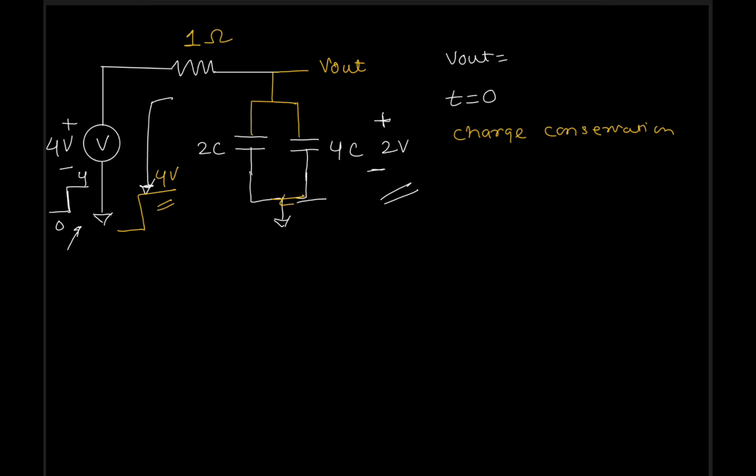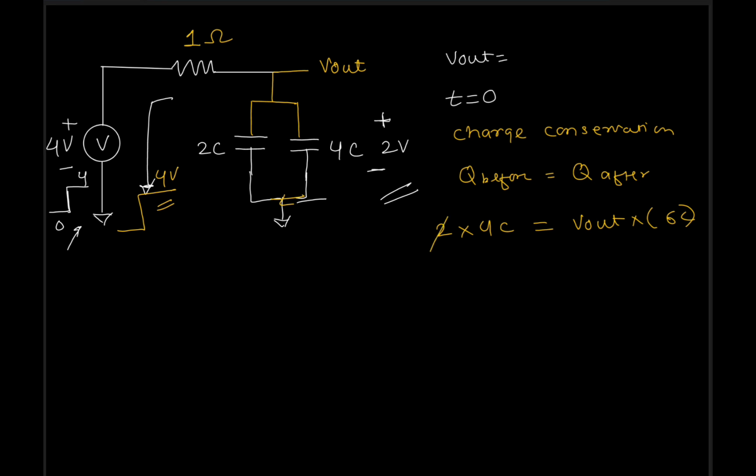And what you have is the charge before is equal to the charge after. So the charge before is 2 volts into 4C, which is equal to V out into the summation of these two capacitors, which is 6C.